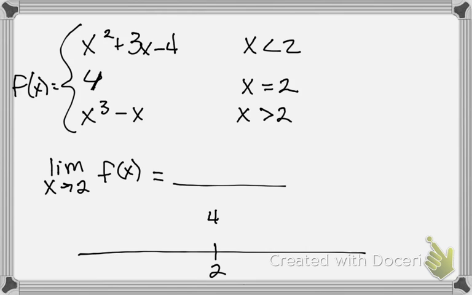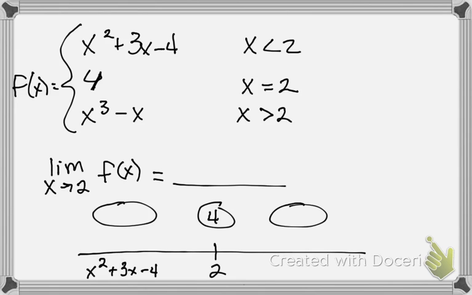On the left-hand side, we have x squared plus 3x minus 4. The limit from the left-hand side should match the limit from the right-hand side, and that's going to tell me the limit. The 4 is not the limit. That's what f is at 2.